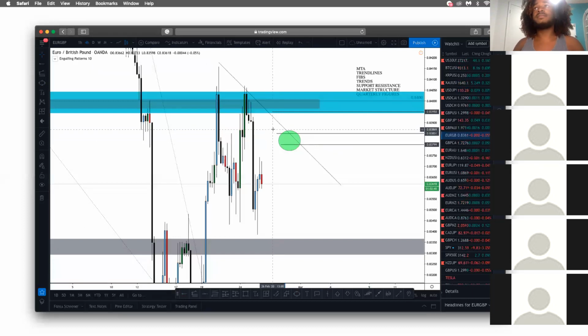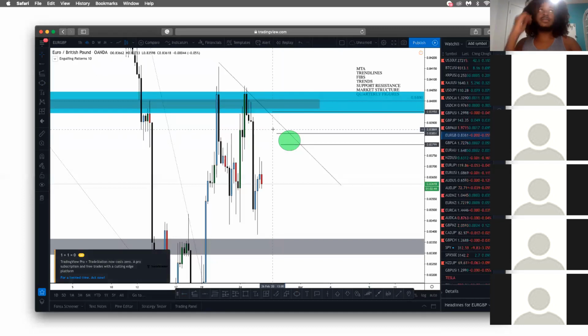Quarterly figure and lower time frame quarterly figure and trend line. Good. So any of these entries would be good, right? But the best entry would be up here, right?